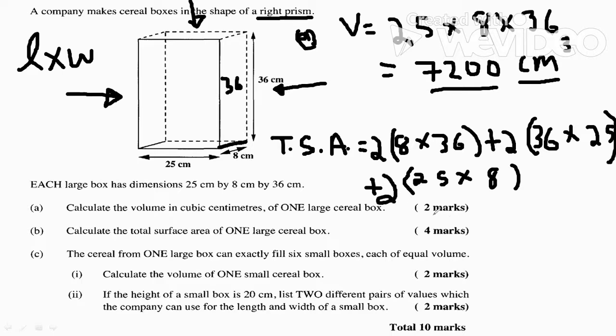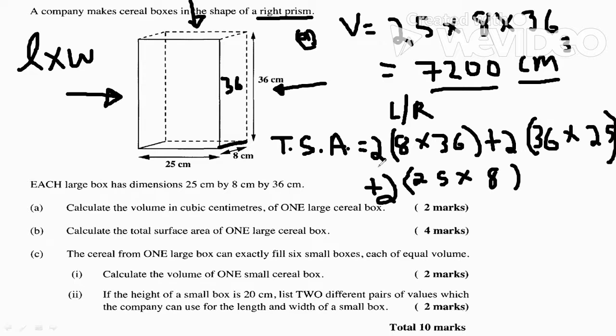All right? So let's run it again. Everybody following? Yes, sir. All right. So let's go again. The 8 and the 36 is the left and the right side of the cereal box.